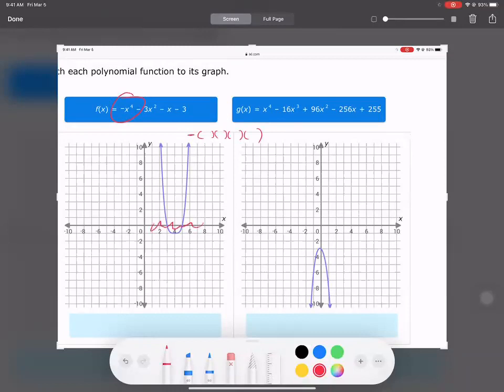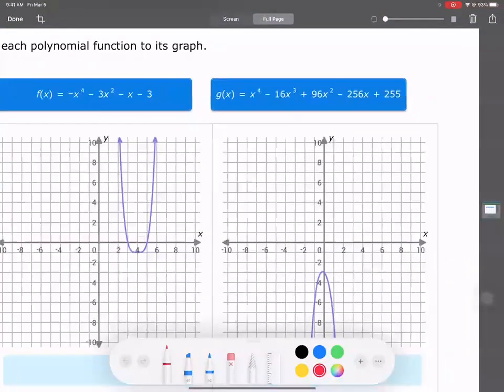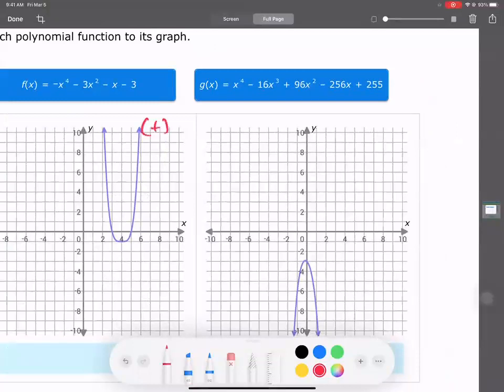We want to see what this graph will do at a large x value. And aren't all x values here positive? Positive, positive, positive, positive. But careful, there's a negative in the front. What do positive, positive, positive, positive become? Positive times a negative becomes negative. I can automatically tell you this graph is going to be this guy over here.